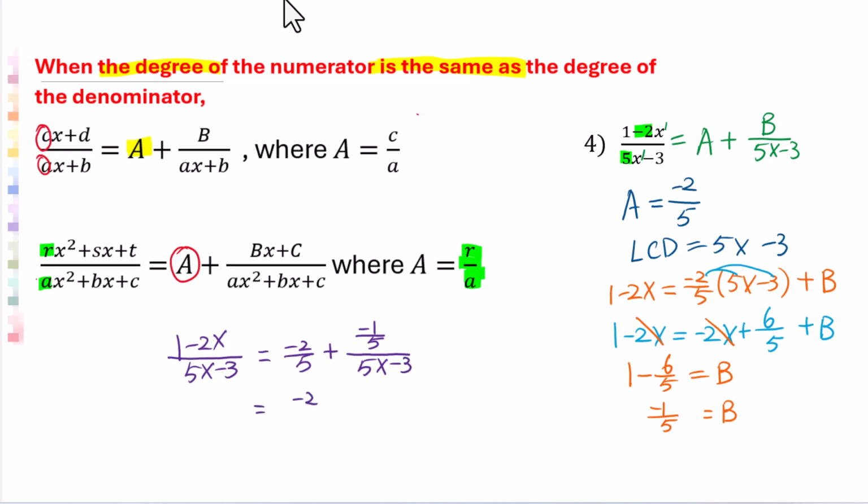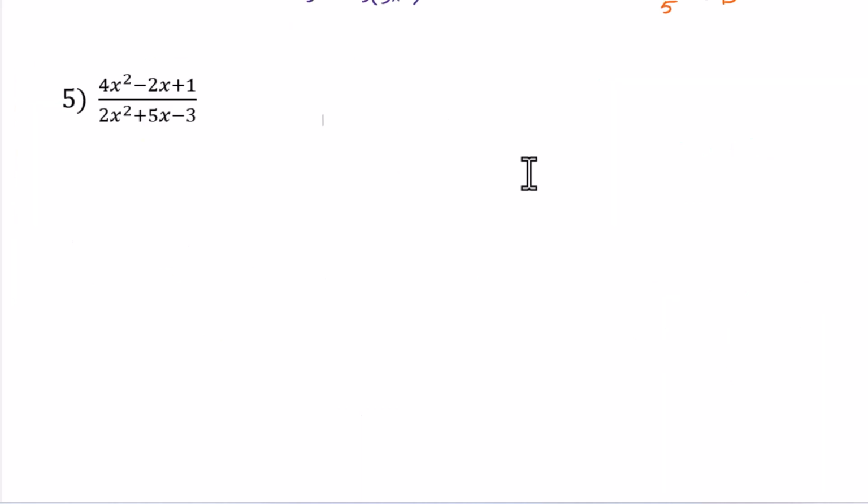Simplify. Negative 2 over 5 minus 1 over 5 times 5x minus 3. Let's go to question 5.